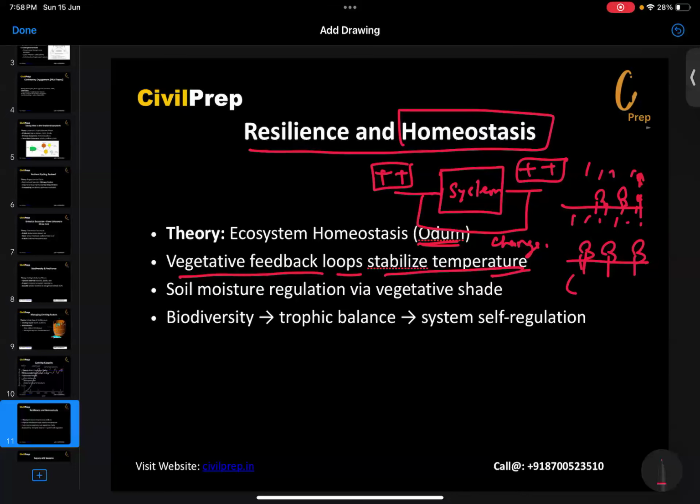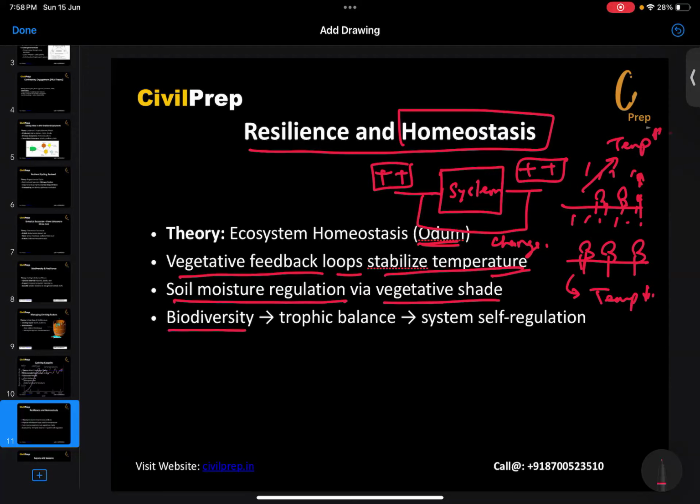So the overall temperature of this region will decline. But here we'll see that the overall temperature of this region will increase because of the lack of vegetative cover. This shows a part where the system is changing, or adjusting itself. Then soil moisture regulation by the vegetative shade, as we have discussed here.